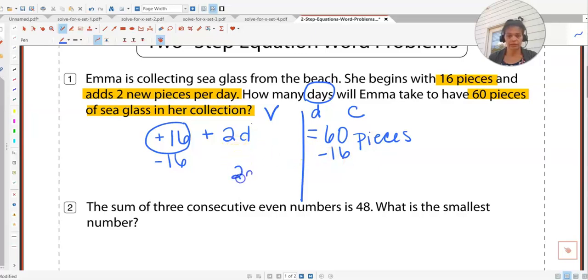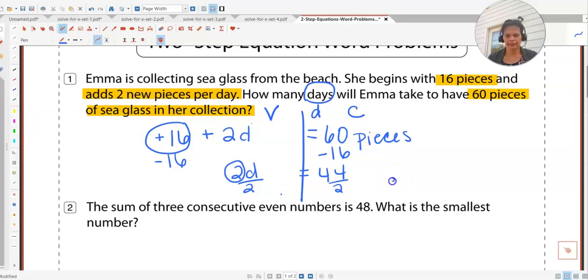Now I've got 2D equals 60 minus 16, which looks like 44. And then we still have this 2 being multiplied to the variable, so let's divide by 2, divide by 2.